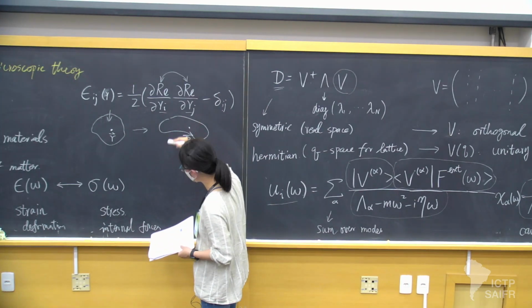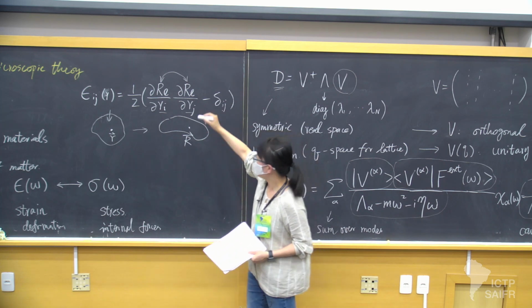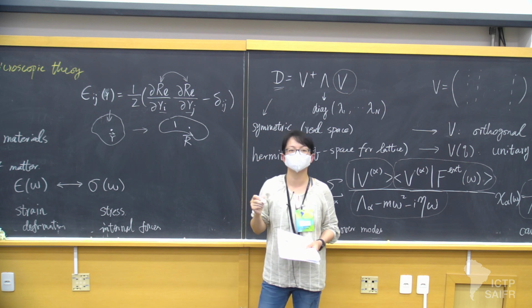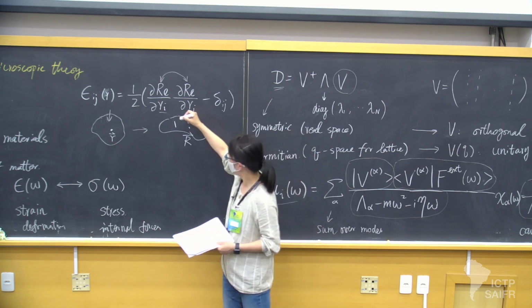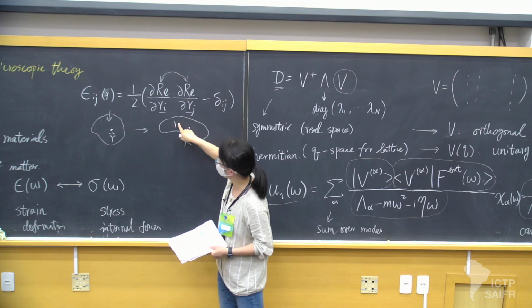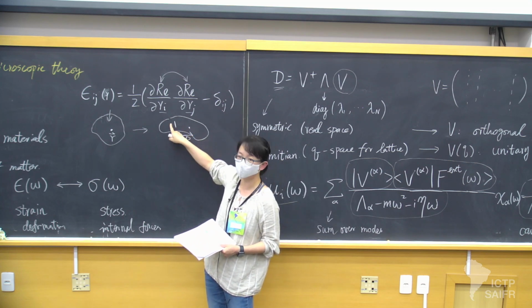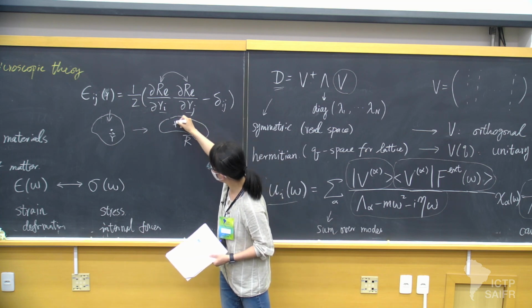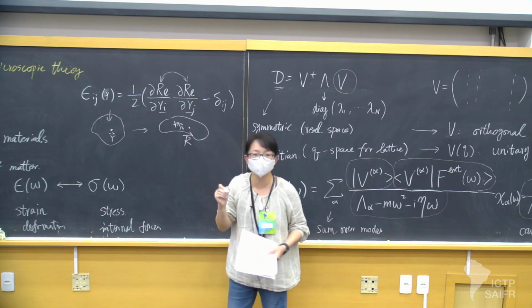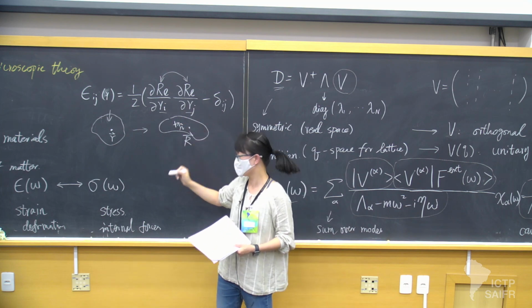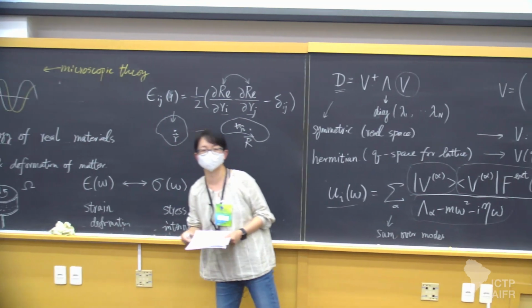The stress basically means that if I cut a little interface in the material, what is the mutual force that this part of the material gave this part. And it is also a tensor because you have a normal to this interface, and then there is another direction of the force. So both of these are rank 2 tensors.